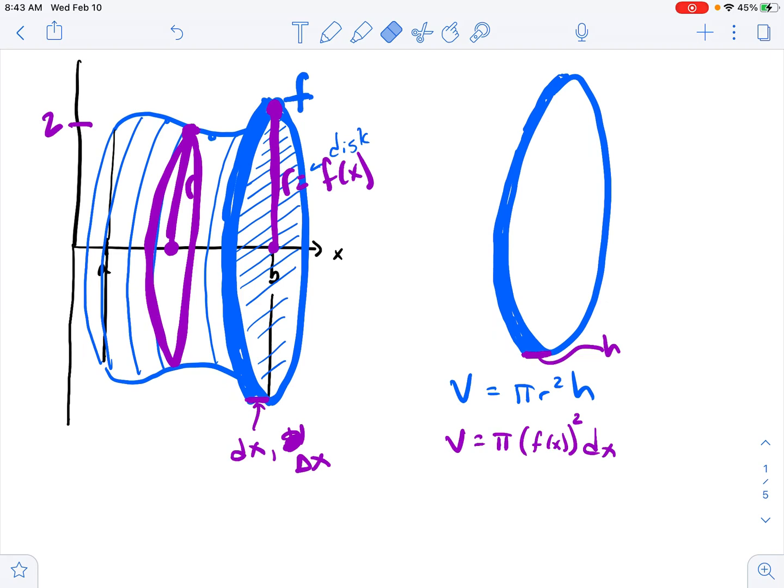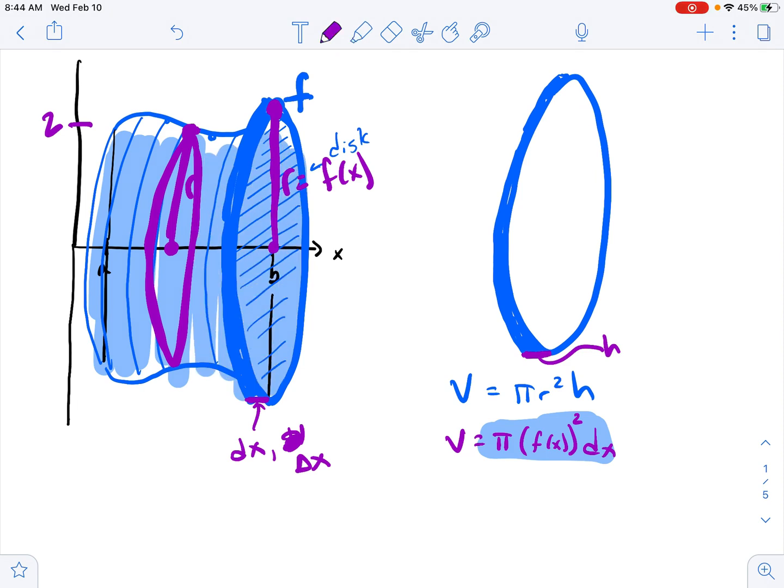In theory, okay? But again, what we do now is we let the number of these things go off to infinity, and we let them get very thin, all right? So here's the formula for the volume of a single disk, and if I want to add the volumes of all these disks between A and B together, that's where the integration function comes in. So at the end of the day, we get volume equals the integral from A to B of pi f of x squared dx.